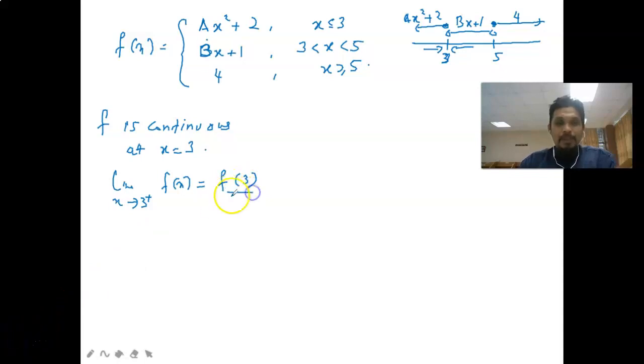If we refer to this number line, the function ax squared plus 2 gives us exactly the value when x equals 3. So f(3) is a times 3 squared plus 2, and we compare it with x approaching 3 from the right, which is b times 3 plus 1.